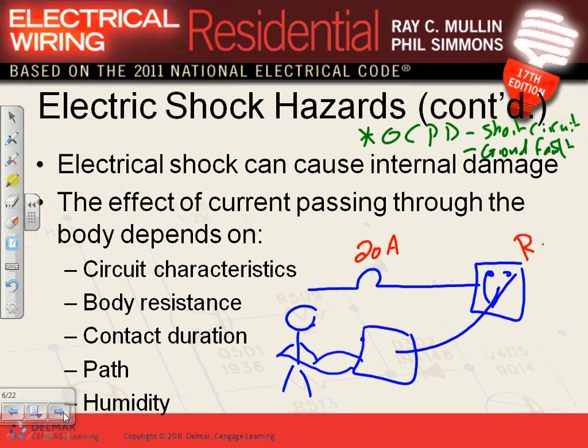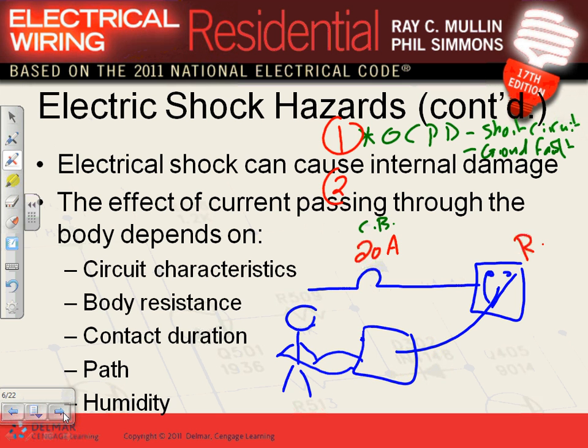If you're looking at this circuit, guys, which device provides the short circuit protection and ground fault protection? Circuit breaker. This is your circuit breaker. So the first protection is provided by what's called the overcurrent protection device. If there's a short circuit, so if I grab two hots, or a hot and a ground, and hold them together, it will trip. So protection number one that you have is what? Short circuit and ground fault from the circuit breaker. So that's protection number one.